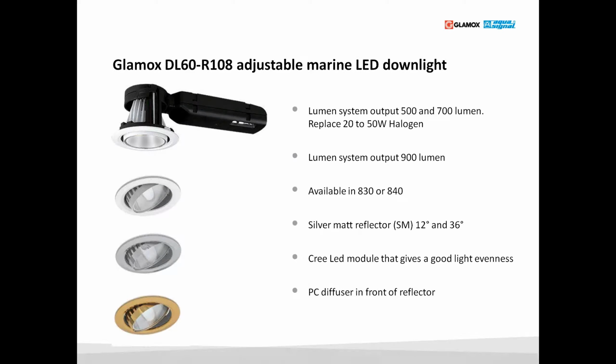Then we launched the fifth member of the DL60, the R108. And that is more a design, very much design have we been working with here. So we are going to replace the DL100, that is adjustable.